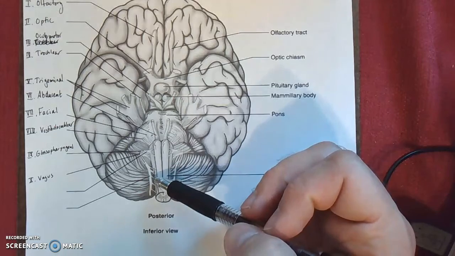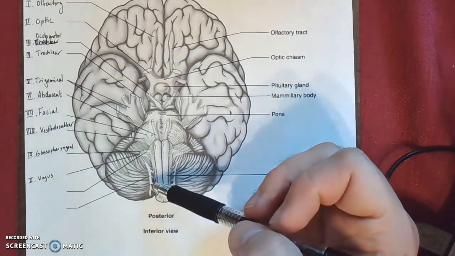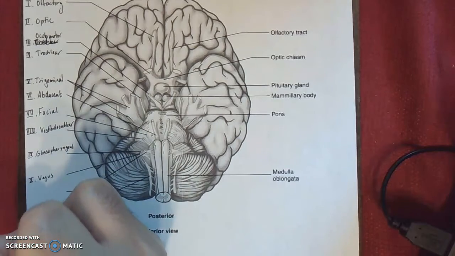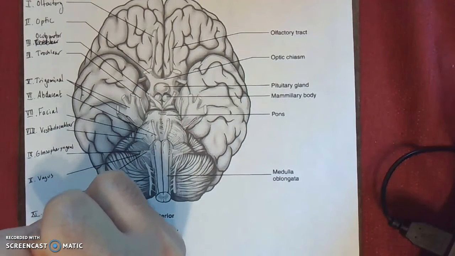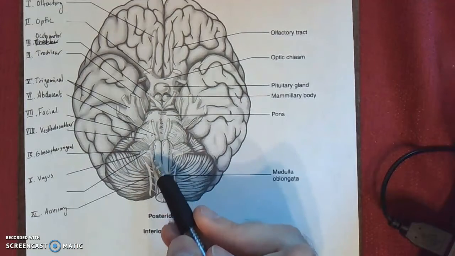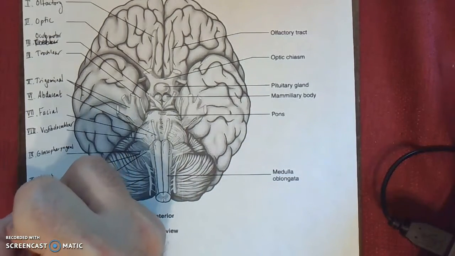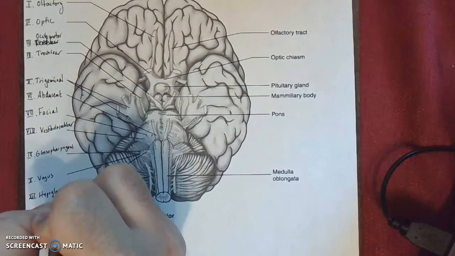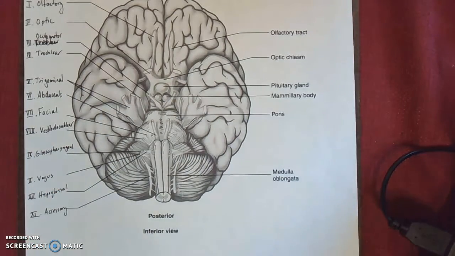So this one here, our last one, is the accessory, and that's number 11. And this one, which they saw had a different function, is number 12, the hypoglossal. So they are not in order for the last two.